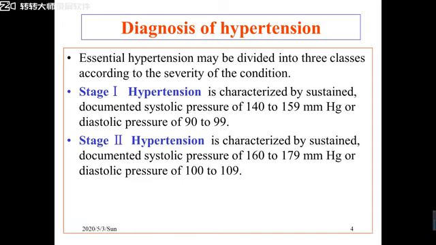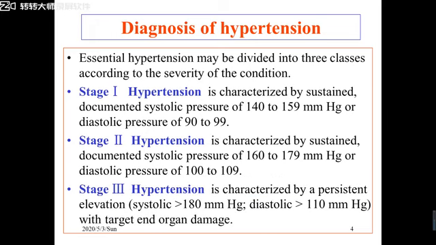The second stage, moderate hypertension, is characterized by sustained documented systolic blood pressure of 160 to 179 mmHg or diastolic blood pressure from 100 to 109 mmHg.